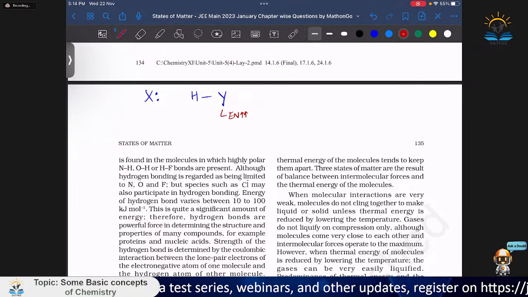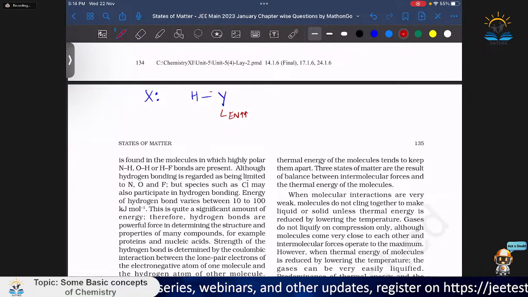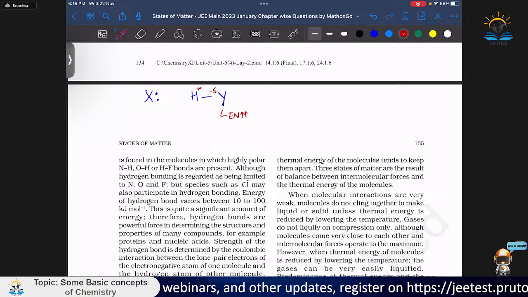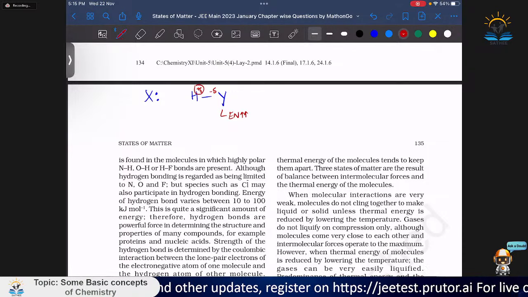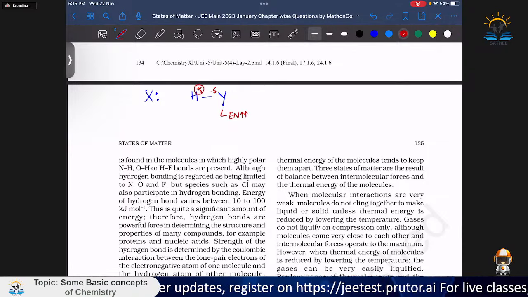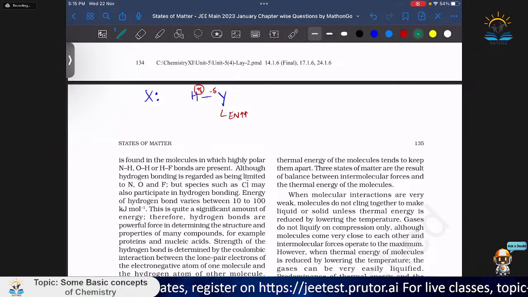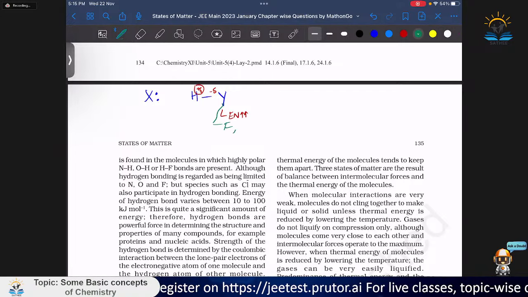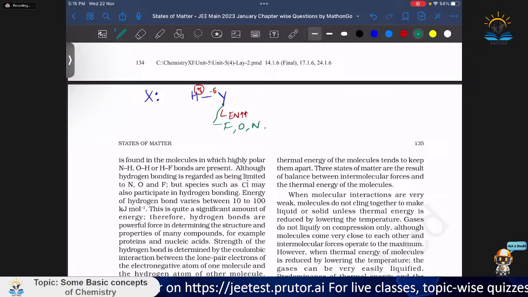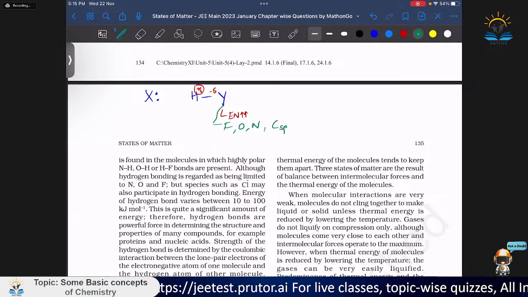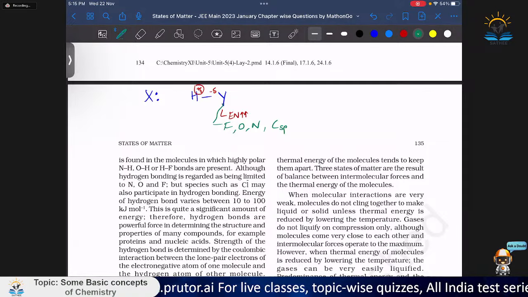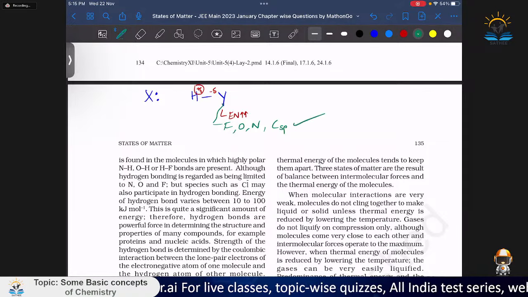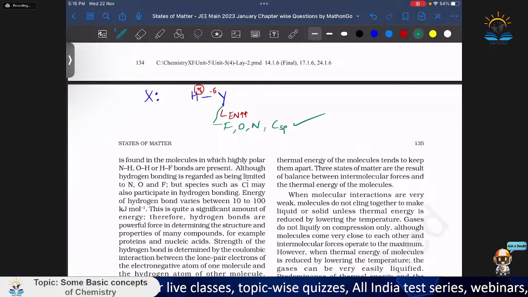So it will distort all the negative charge from the hydrogen. Hydrogen will become partially positive. Examples of Y are fluorine, oxygen, nitrogen, and carbon in sp hybridization. If hydrogen is attached to these four species, it can show hydrogen bonding.